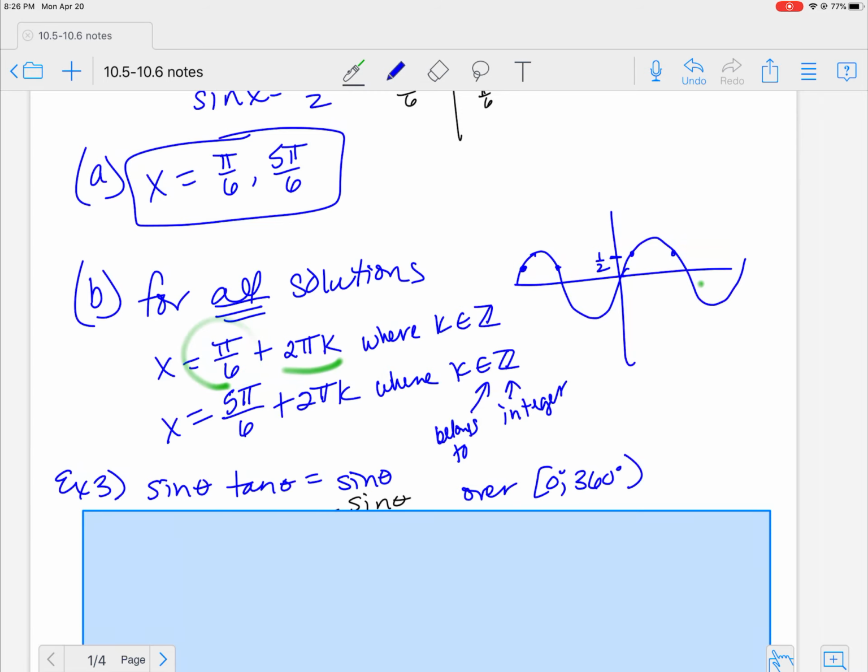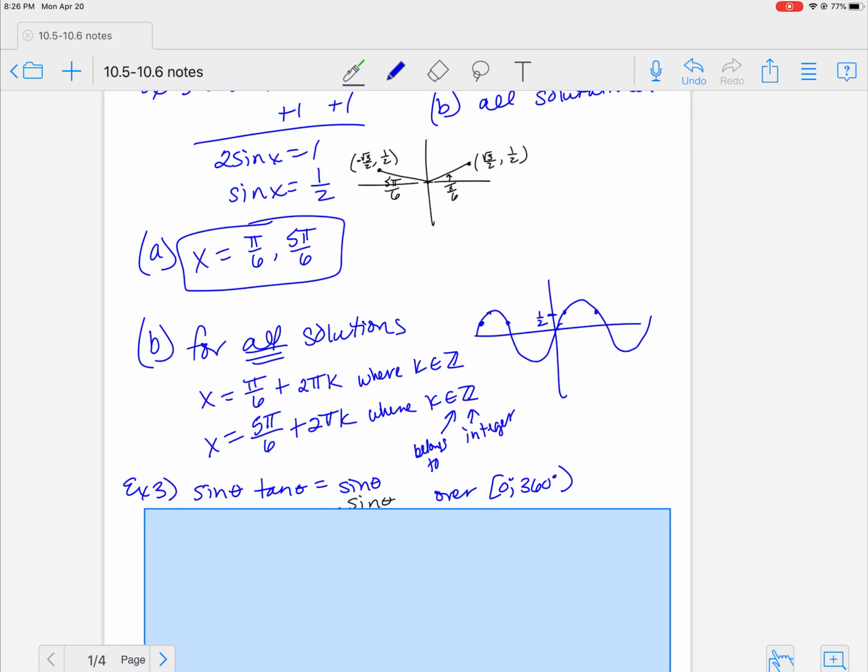And then every time I go all the way back around that unit circle, I hit this value again. Then another round, then another round. Every time I go around that unit circle, I'm adding 2 pi to that. And it can be integers, right? That's a symbol for integer. So 2 pi k, where k belongs to the integers. If you're going to introduce a variable, you have to define it.